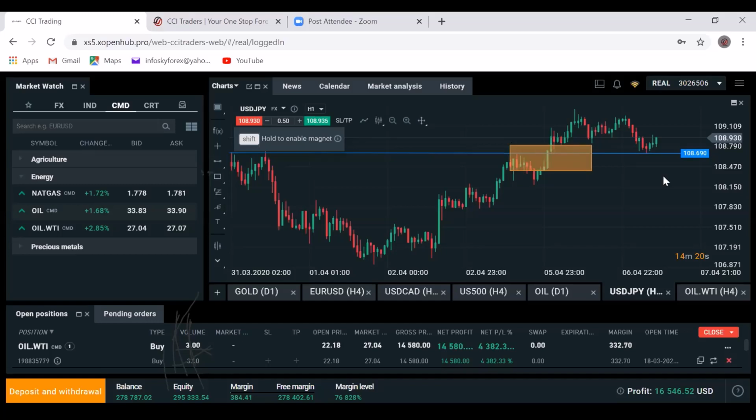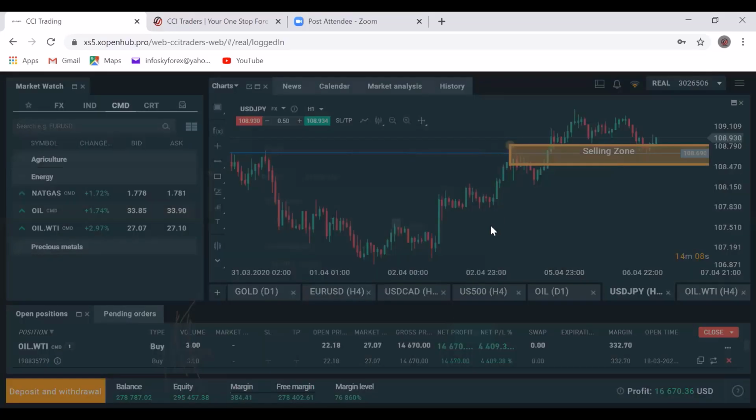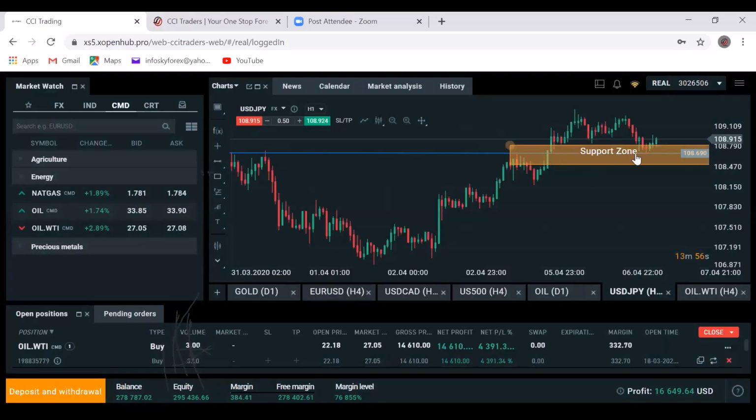It has formed a mini support level, what I call a mini support level, here. It has formed a support zone here. Here has formed a support zone.